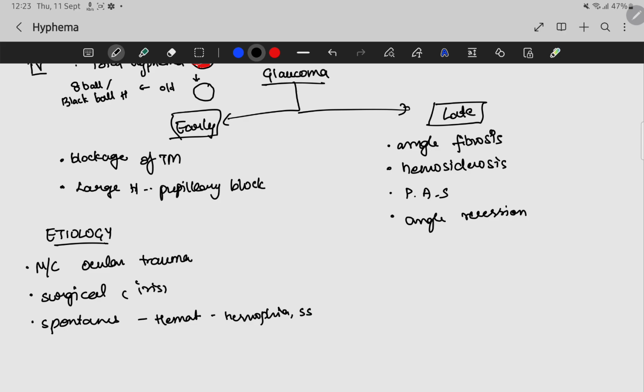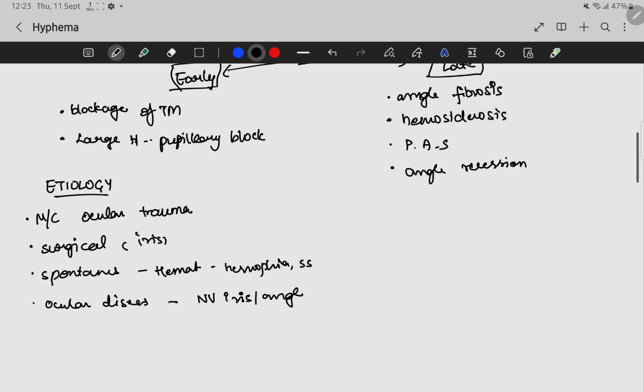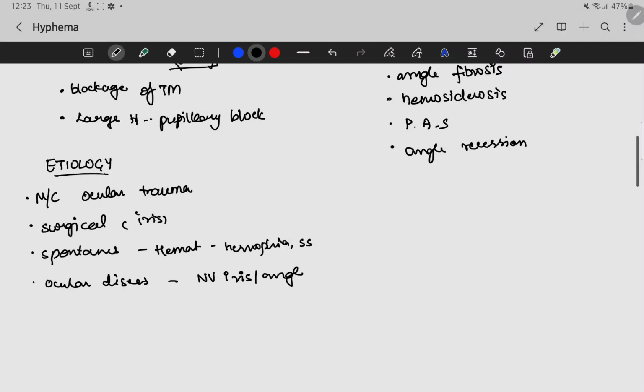And in case of ocular diseases in which there is neovascularization of the iris or the angle, it can occur in diabetics.